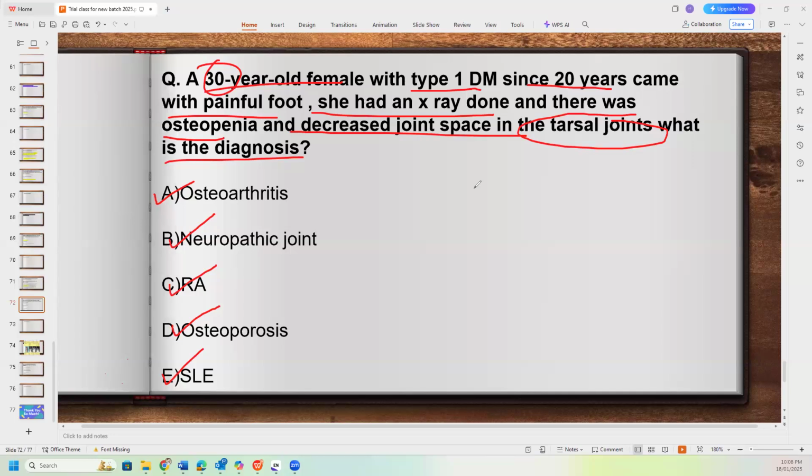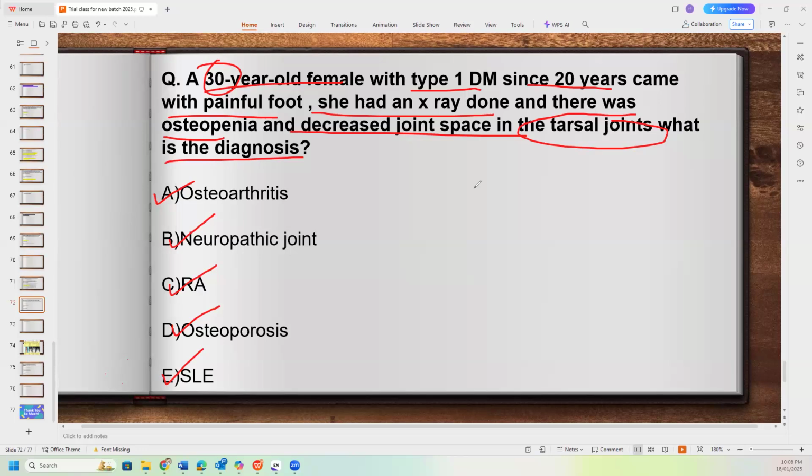Rheumatoid arthritis is a disease of small joints of hand and feet. They have just mentioned the tarsal joints. That's about it. And it's a symmetrical disease that involves all the small joints of hands and feet. And there is osteopenia, but what is the most common rheumatoid arthritis feature? Let me just open up the X-ray findings quickly.